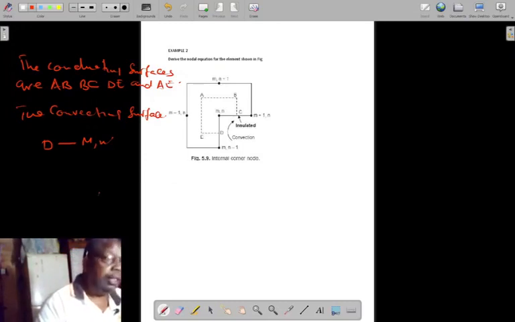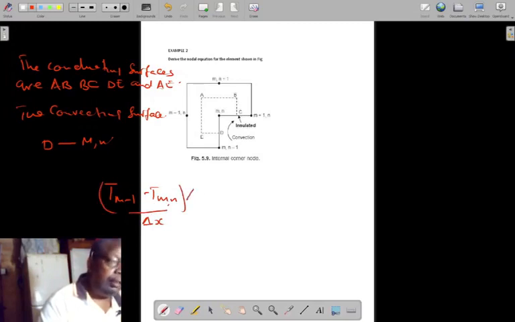So this means that we'll have an equation Tm minus 1 minus Tmn over delta x, delta y, k times 1.